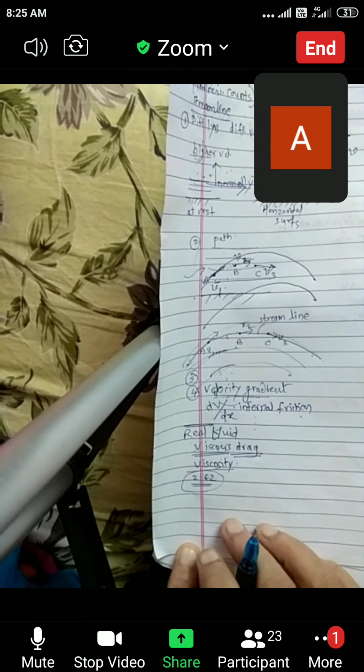He experimentally and theoretically proved that the viscous force between two layers offered by fluid in motion is proportional to velocity gradient and also proportional to area of layer. तो जो लेयर का एरिया है ना, उसके लिए F डायरेक्टली प्रोपोर्शनल है, and hence mathematically, Newton's law of viscosity, we can write F proportional to A into dv by dx.